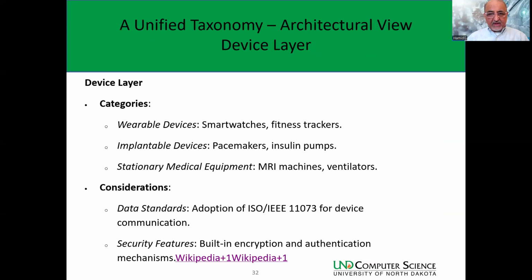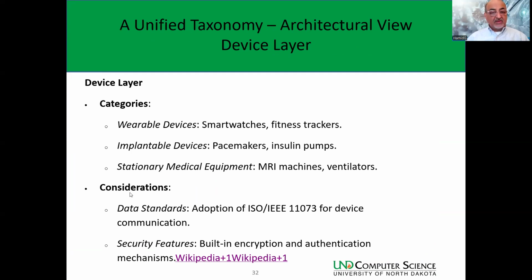In the next few slides, I deep dive into each layer. What category is it? At the device layer, you're talking about wearable devices, watches, trackers, pacemakers, insulin pumps, all the categories. These are categories of devices.